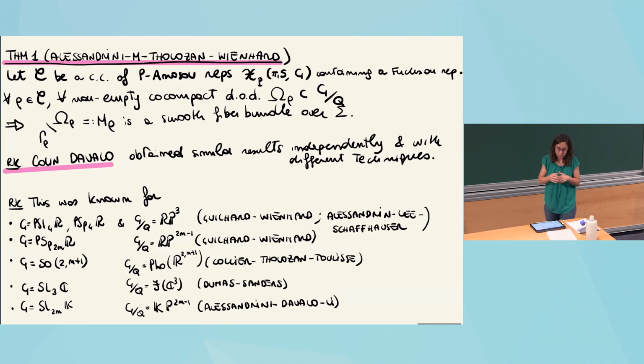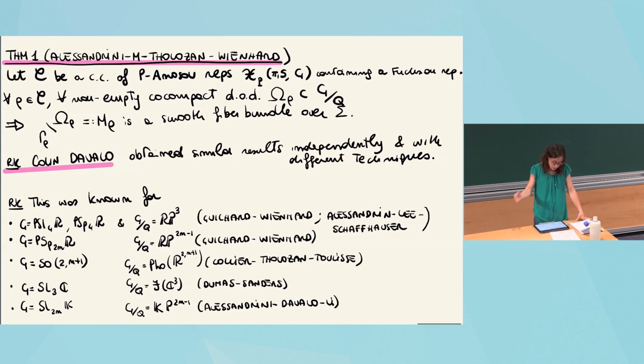And Alessandrini, Lee, and Schaffhauser, maybe I mispronounced, they look at the case of triangle groups, not surface groups. And then again, Guichard and Wienhard look at PSp in general, again in the projective space.